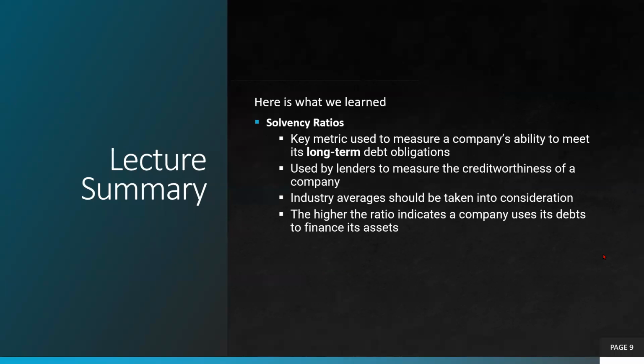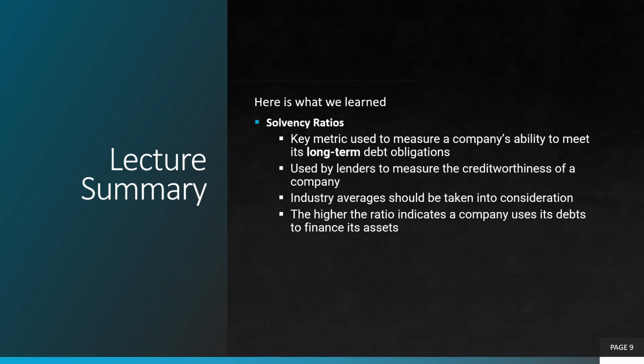So solvency ratios are another key metric used to measure a company's ability to meet its long-term debt obligations. Remember, we had long-term debt and current debt. Solvency ratios look at the long-term debt. They're used by lenders to measure the creditworthiness of a company. Industry averages should be taken into consideration.